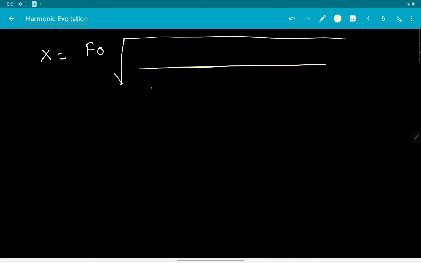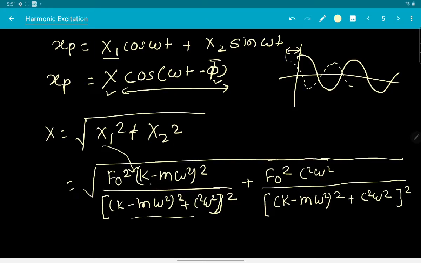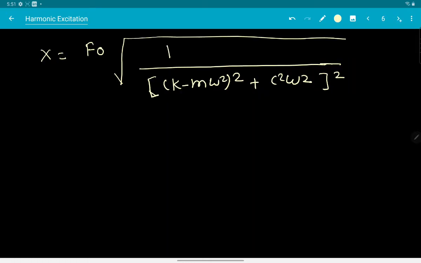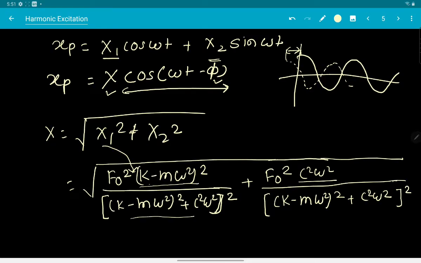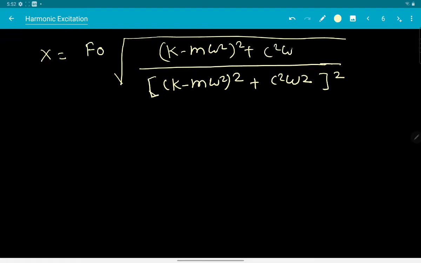So we have this denominator, which is a big bracket square, and that bracket has (k minus m omega square) square plus c square omega square. And what is there in the numerator? If you see, the numerator will have this term plus this term, which is (k minus m omega square) square plus c square omega square.